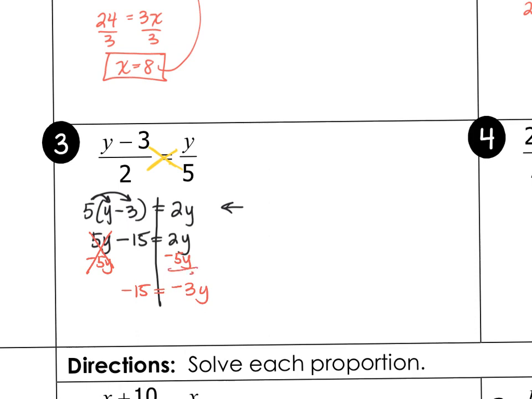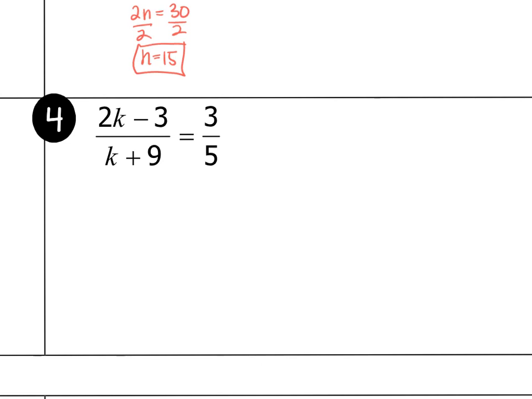So I rebalanced there. And then divide by negative 3 on both sides to get that y is equal to 5. Again, you can plug your 5 in for y and check your cross products and make sure they're equal.